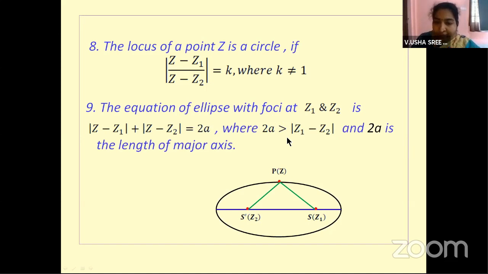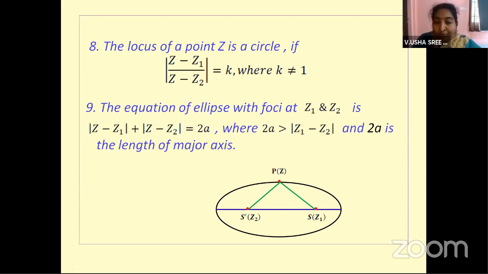Now, let me give a little description about this. Mod of (Z1 minus Z2) is nothing but the distance between S and S dash. But what is 2a? 2a is the length of the total major axis. Now, in the diagram, if you observe, the major axis length is more than the distance between Z1 and Z2. This is one concept you are going to learn in the ellipse topic, children.